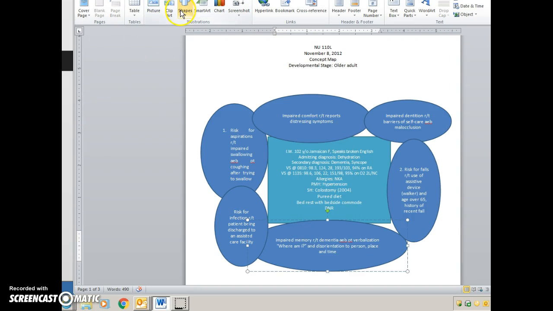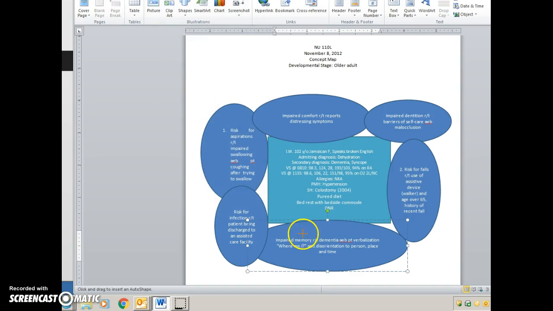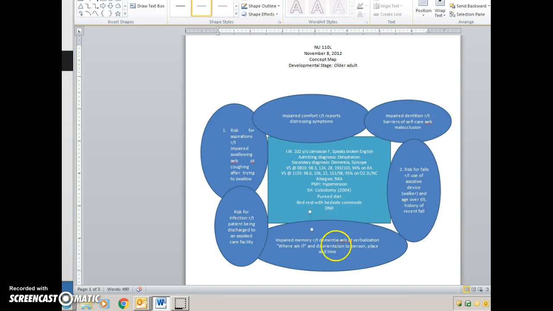So you go up here to the shapes, click on that, and then you're going to use that arrow. Remember the arrow relates to the nursing diagnosis, so you're going to put the arrow from there to there. This diagnosis impacts this diagnosis.